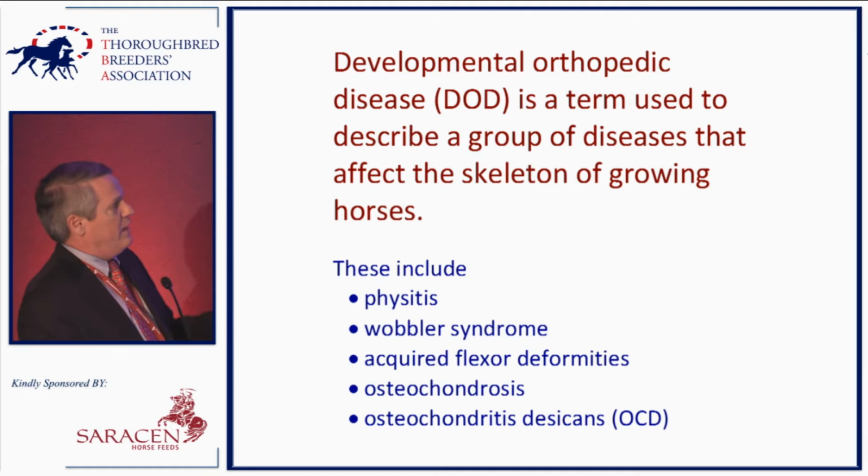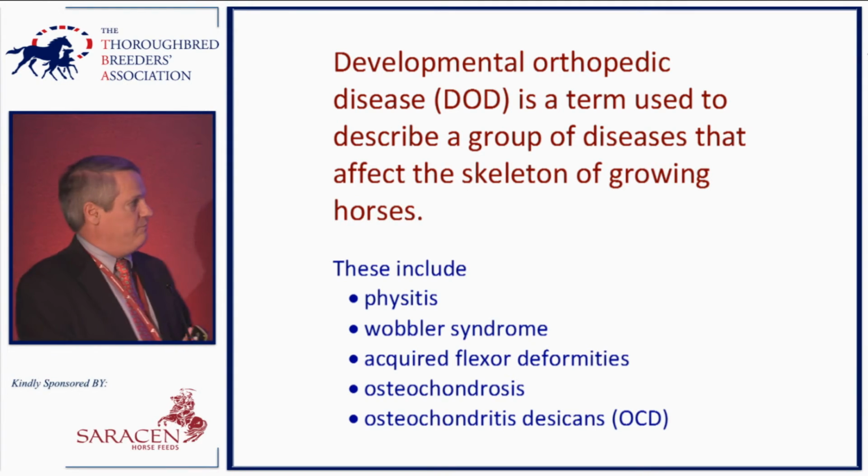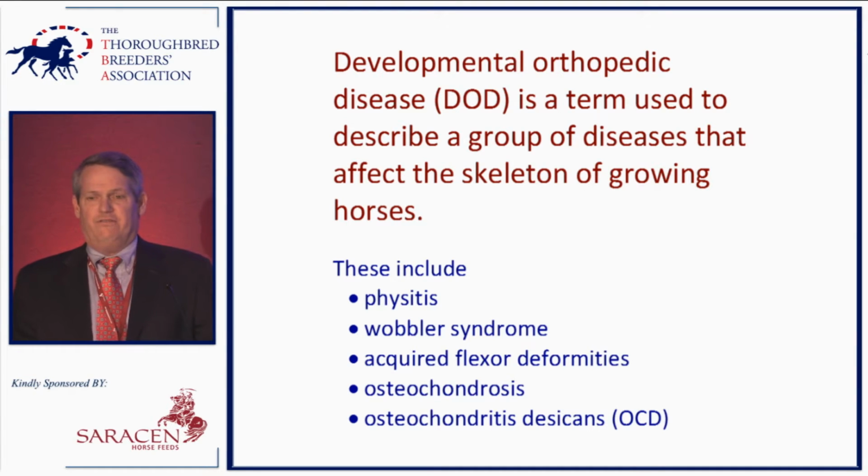Wobblers, the cervical vertebra type, again with deformities in terms of how this cartilage is converted to bone. And the ones we're really worried about, osteochondrosis and OCD, those are defects of the articular cartilage. They're not necessarily defects of the long bone.